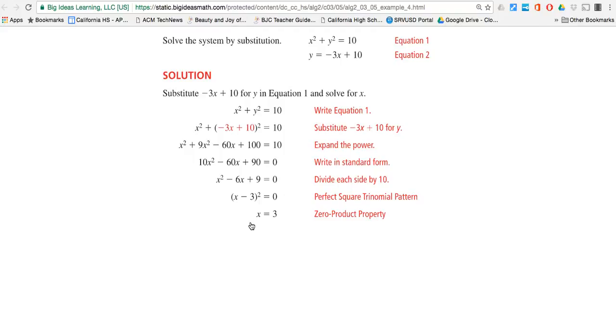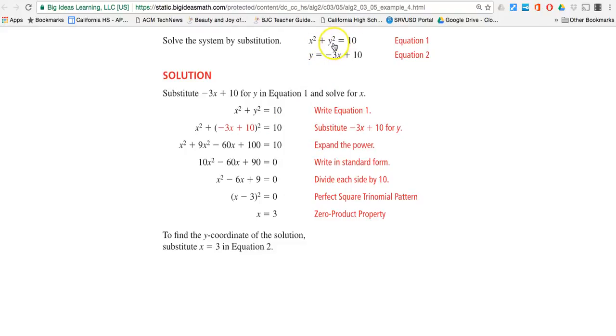Now, in order to get the y value for this, so you know that x equals 3, but remember, our solution here is going to be an xy pair. So in order to get your y value, you just have to take x equals 3 and plug it into equation 2. The reason you plug it into equation 2 is that equation 1 is just going to require a little more work.